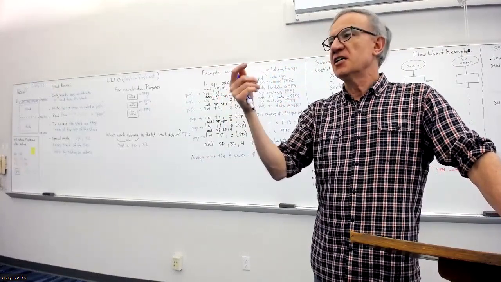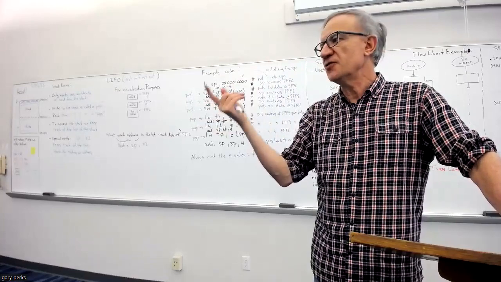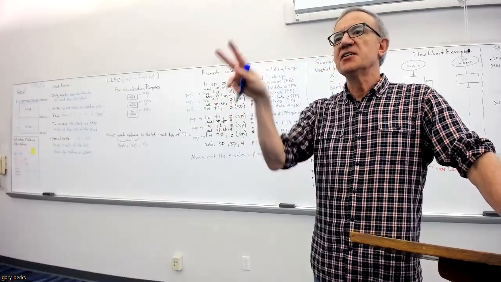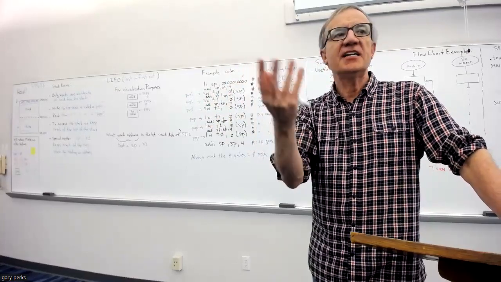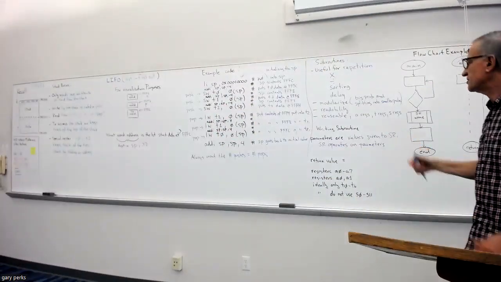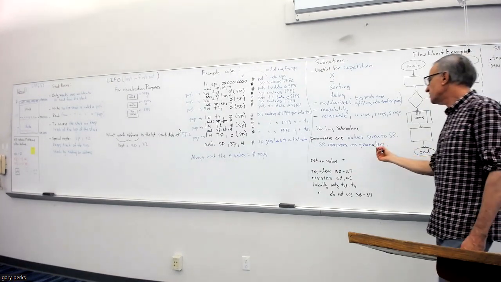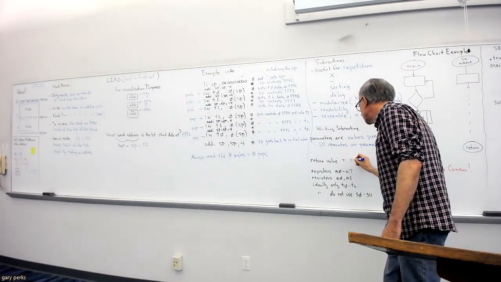In order for the ALU to do whatever it's going to do, add, subtract, or whatever it is, those values have to be in registers, because the Otter operates on registers. And then the return value, that's just the result.